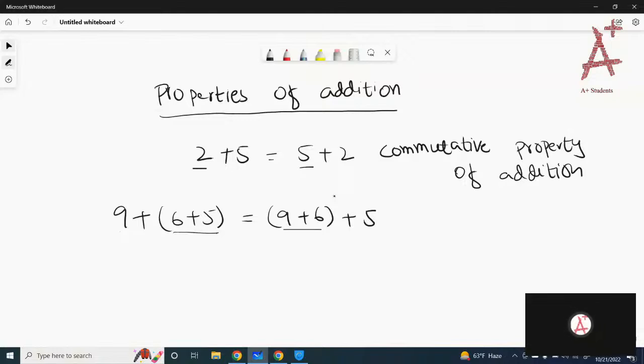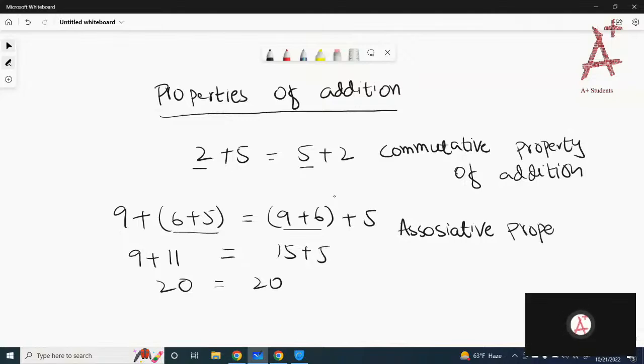In both cases the answer is exactly the same. 6 plus 5 is 11, and 11 plus 9 is 20. 9 plus 6 is 15, and 15 plus 5 is 20. That means the order doesn't matter. When three numbers are involved, it is the associative property of addition. Got it?